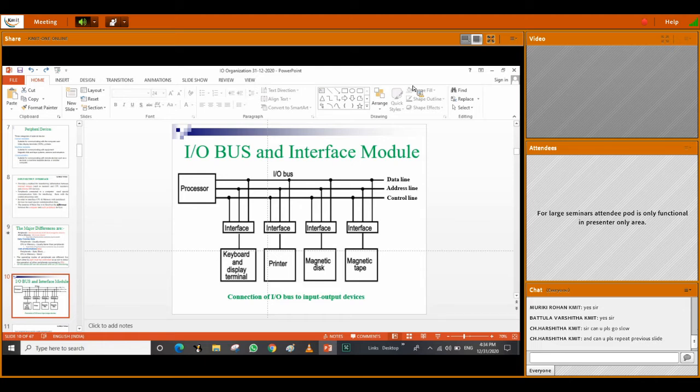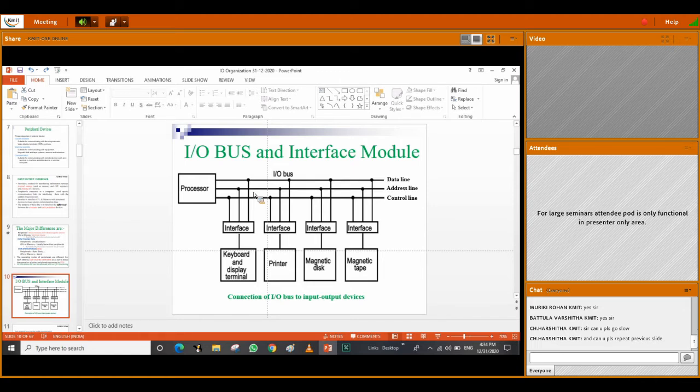Here is the processor, and the buses are divided into three lines: the data lines, address lines, and control lines. With these three bus lines, the CPU gives instructions to the peripherals. In between is the interface module.